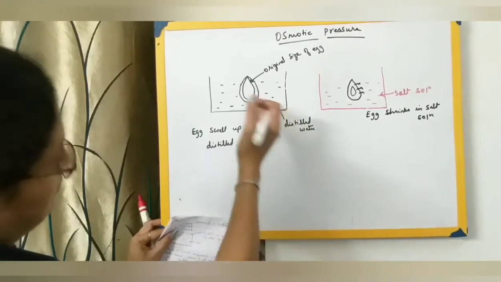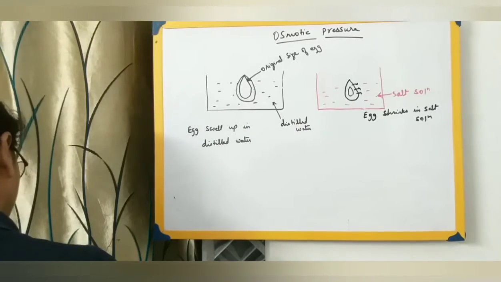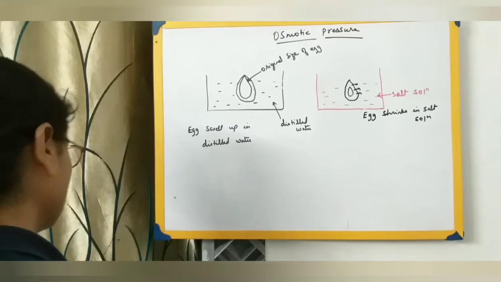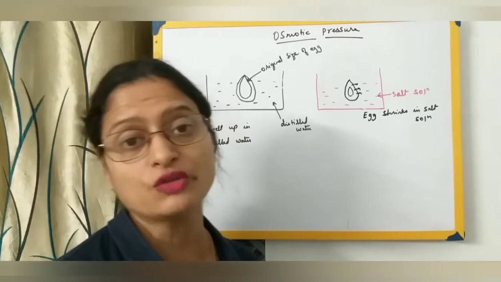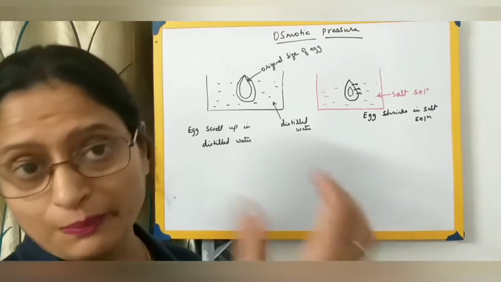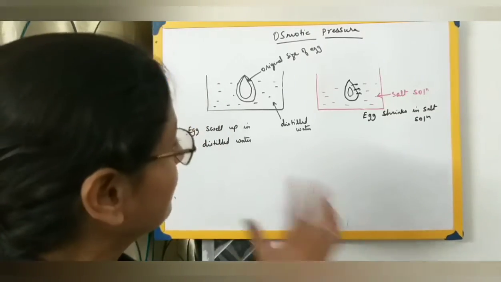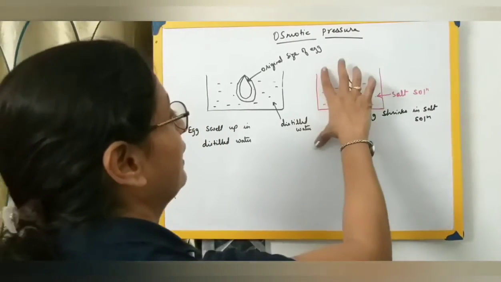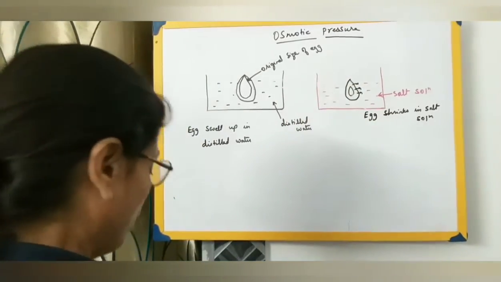So here osmosis has been taking place and it is a movement of the solvent molecules that we can see over here. That is, the solvent molecules flow from where their concentration is more to the place where the solvent molecules are less, until an equilibrium has been attained. So I hope it's clear.